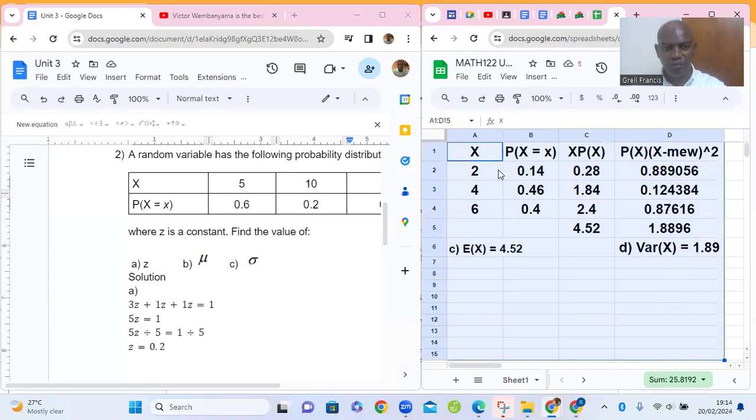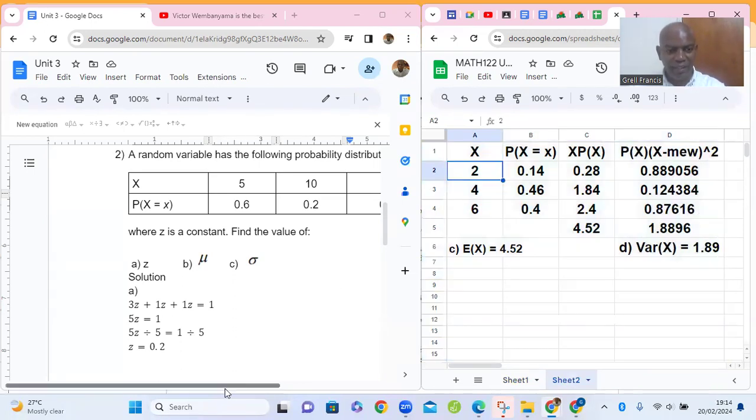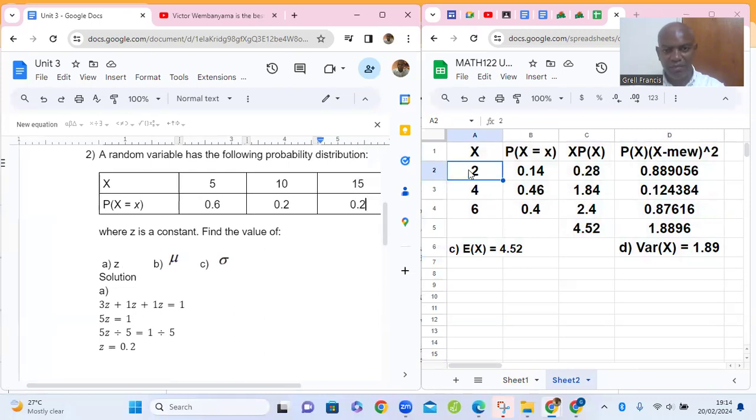For x, we've got 5, 10, and 15. Change to 5. And what you're going to see happening is that these values will be modified because they are linked with columns A and B. So we've got 5. You can see values are changing already. Okay, 10, 15. So these are the X values.